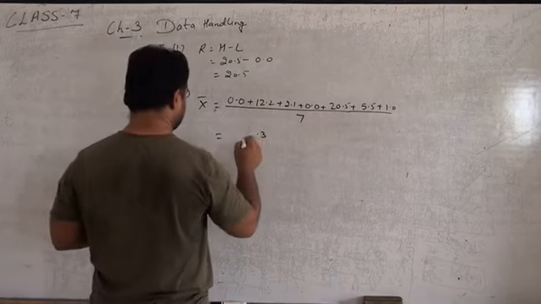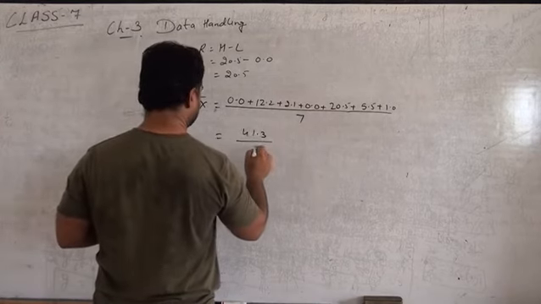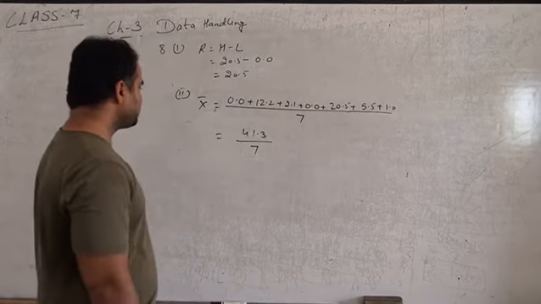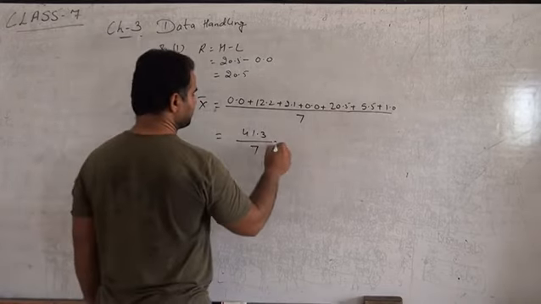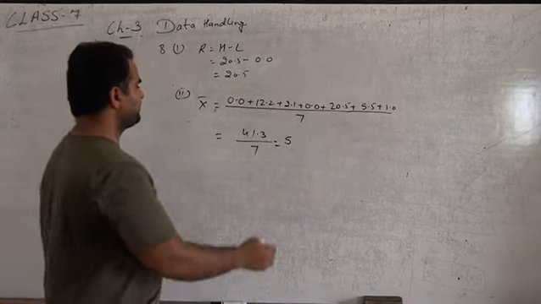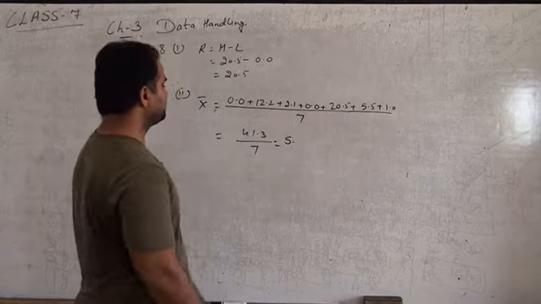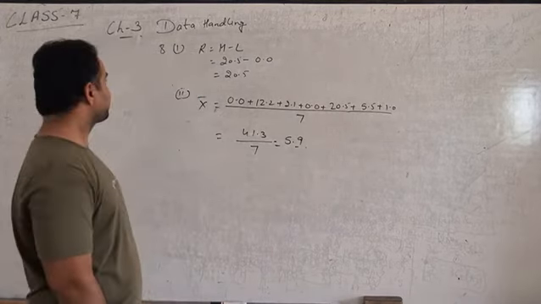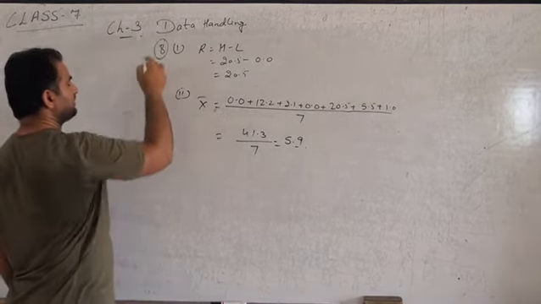It is 41.3 upon 7. We have to divide it by 7. 7 5s are 35. 7 9s are 63. It is 5.9. Done? Okay, this was question number 8.